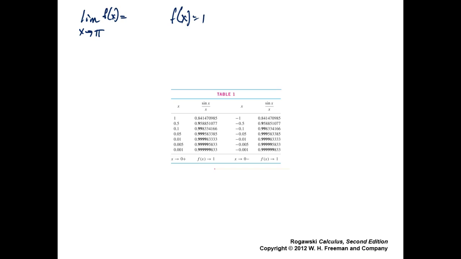Picture, you don't have to do it, but just mentally draw the graph of f of x equal 1. What would that be?